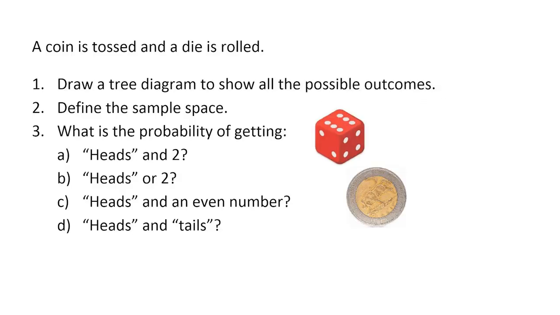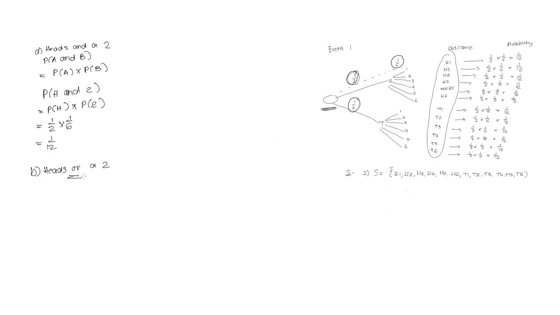The next part of the question asks us to determine the probability of getting a heads or a 2. To determine the probability of 2 mutually exclusive events occurring, we use the following formula.